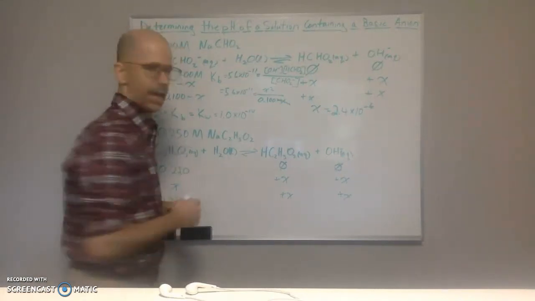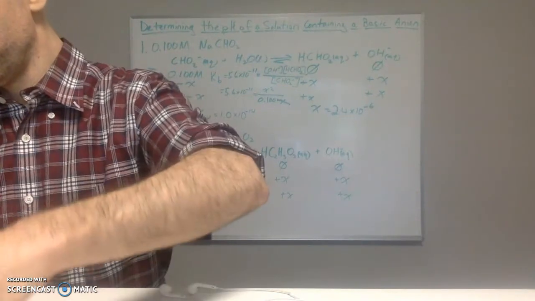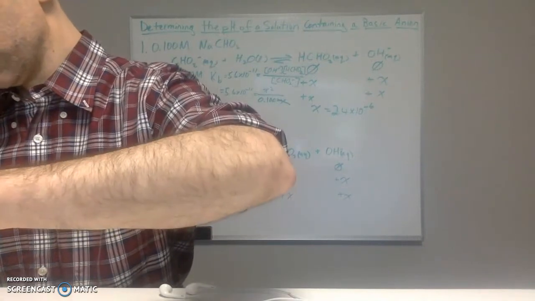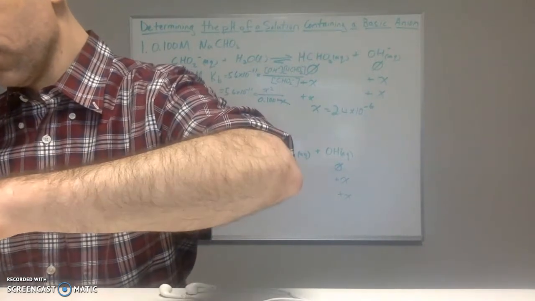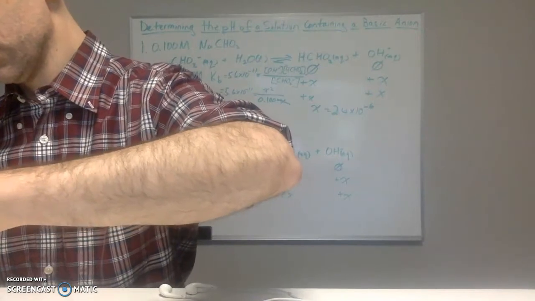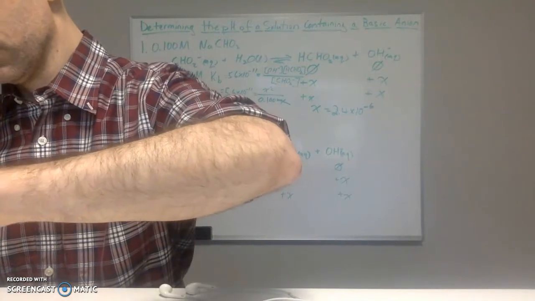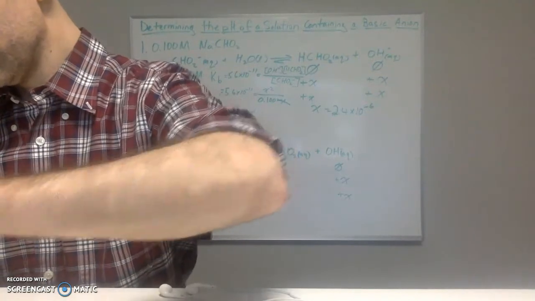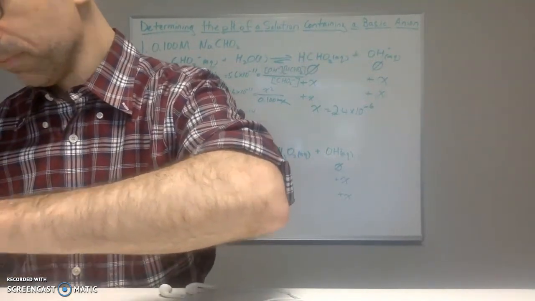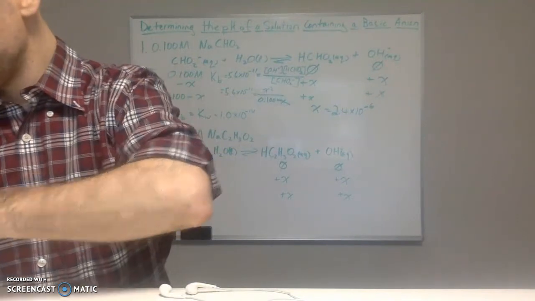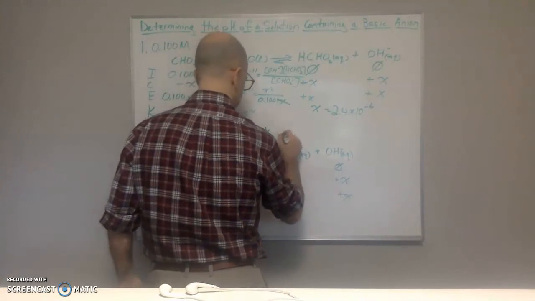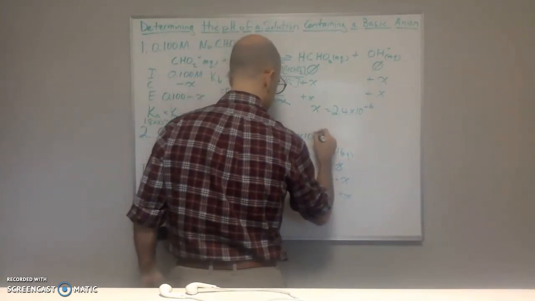So the Ka for acetic acid is going to be 1.8 times 10 to the negative 5. So Ka value is 1.8 times 10 to the negative 5.